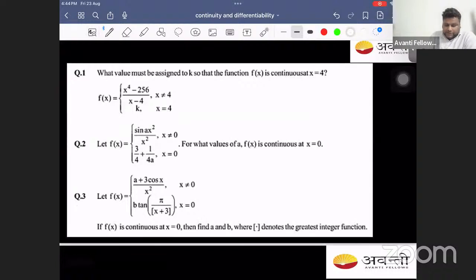Now, try question number 1 quickly. Find what value must be assigned to k so that the function is continuous at x equals to 4. Quickly tell me.